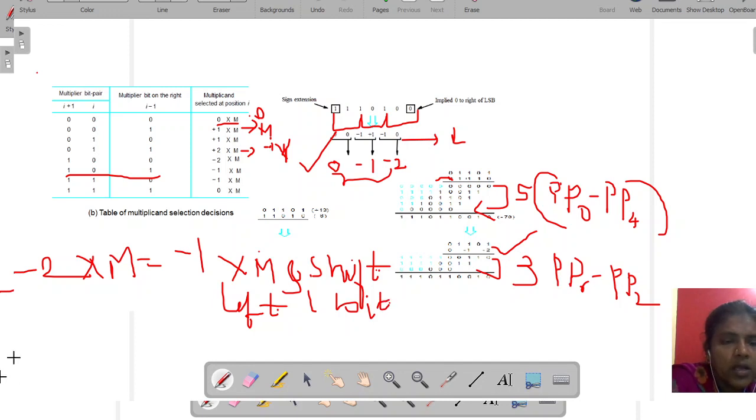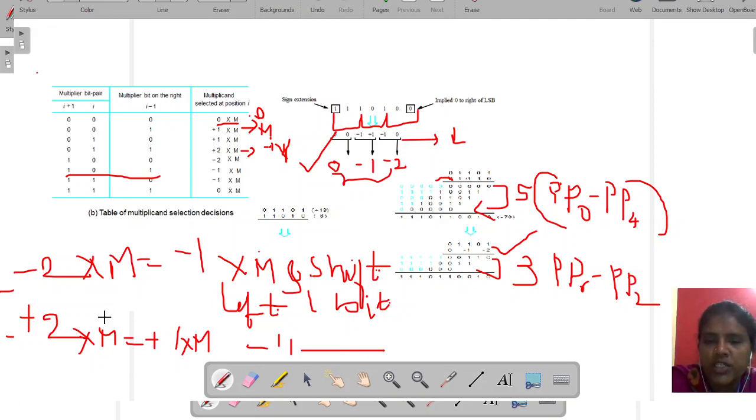So now you all know what minus 1 into m is: take the 2's complement of m. Plus 2 into m is nothing but plus 1 into m and shift left.